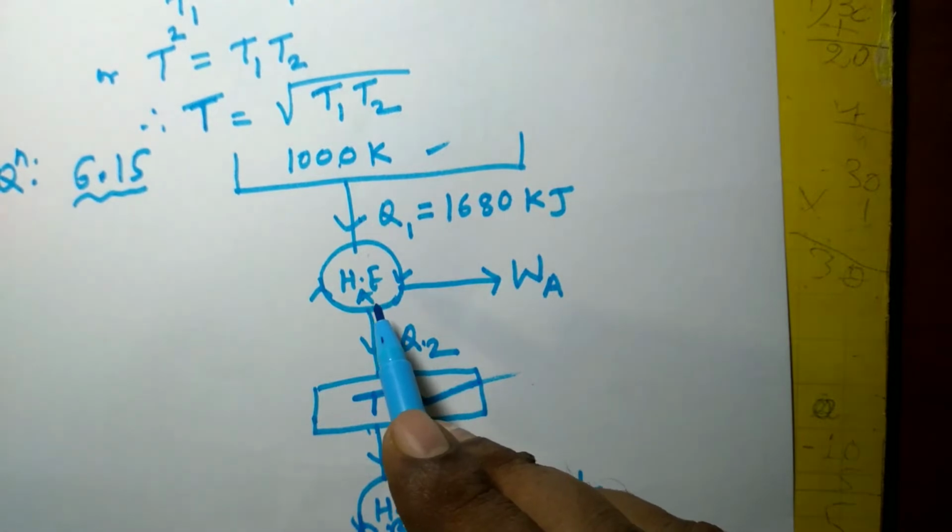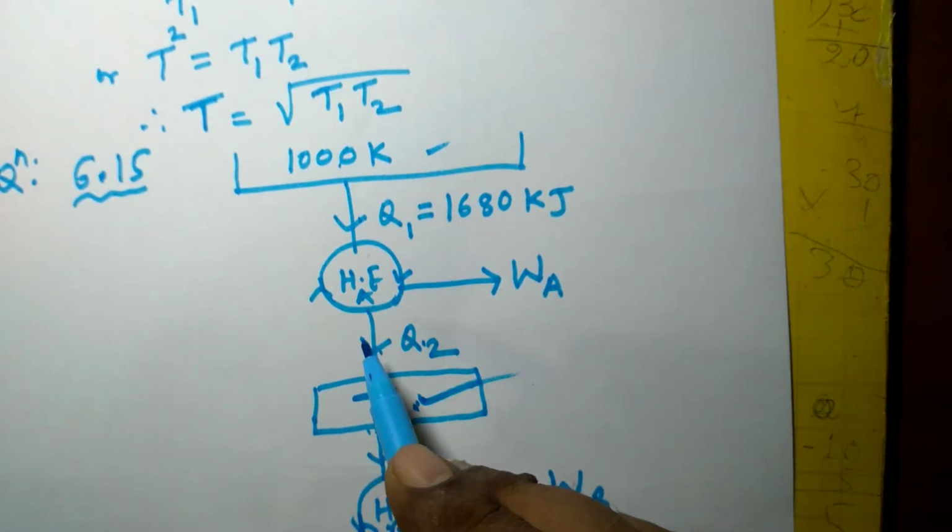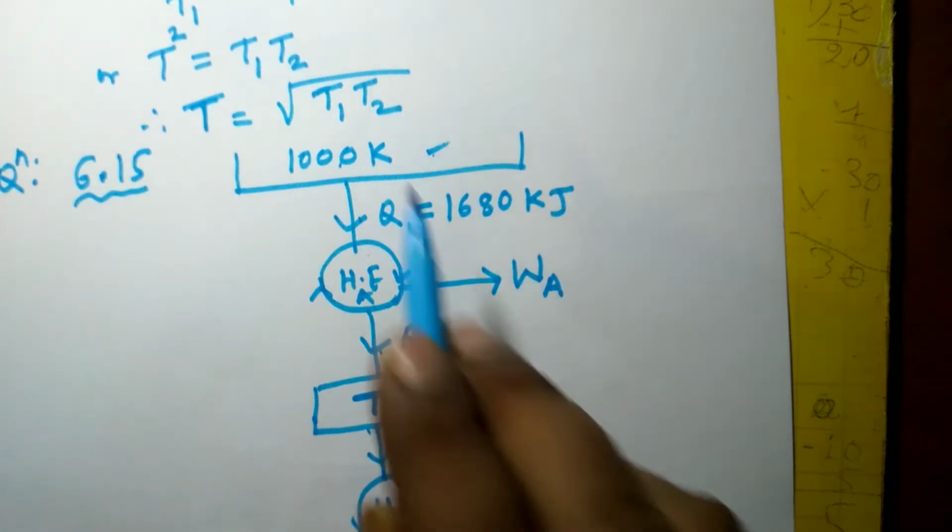For the first engine A, since it is a reversible heat engine or Carnot heat engine, efficiency is 1 minus sink temperature divided by source temperature.